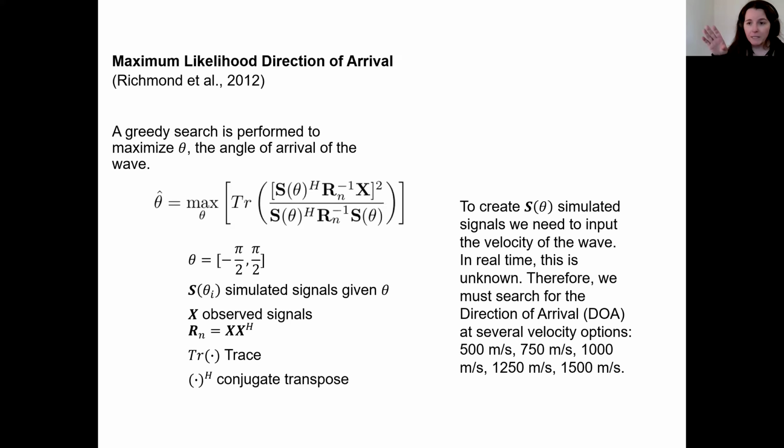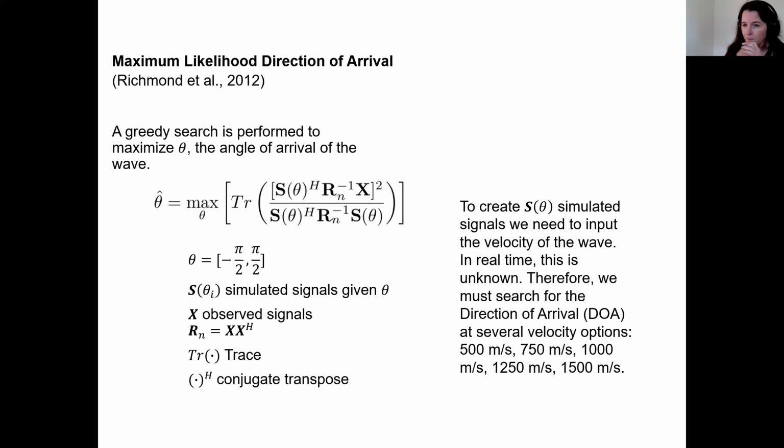It's going to simulate that signal, what five sensors would look like if it came from 25 degrees, -30 degrees, etc. It's just going to go through each one. And when you find the highest correlation between what you've observed and the simulation, you have your angle of arrival. And yeah, it's just a greedy search.